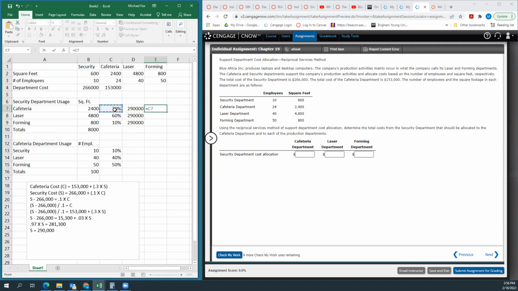Cafeteria is 30% times the 290,000, laser will be 60% times the 290,000, and forming will be 10%. And that should be our answers. So the security department cost will be allocated 87,000 to the cafeteria, 174,000 to laser, and 29,000 to forming.